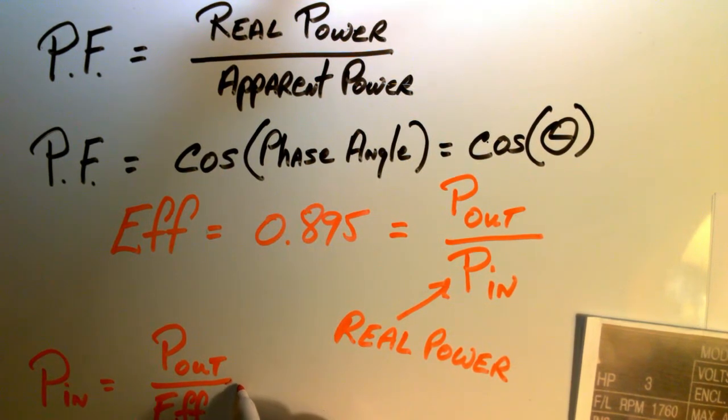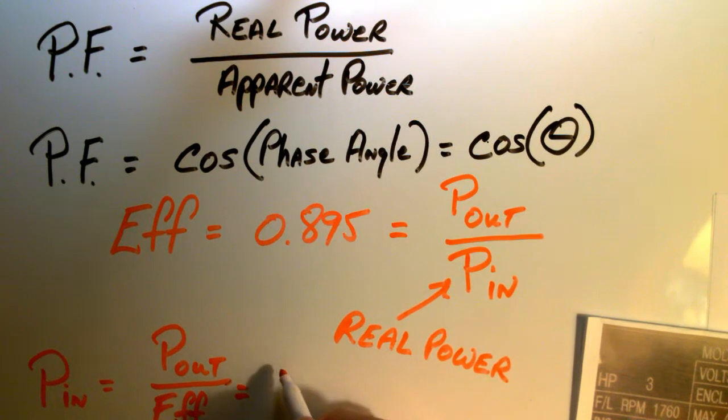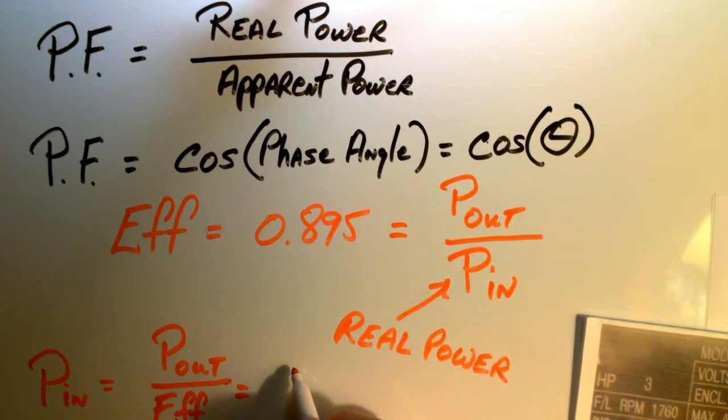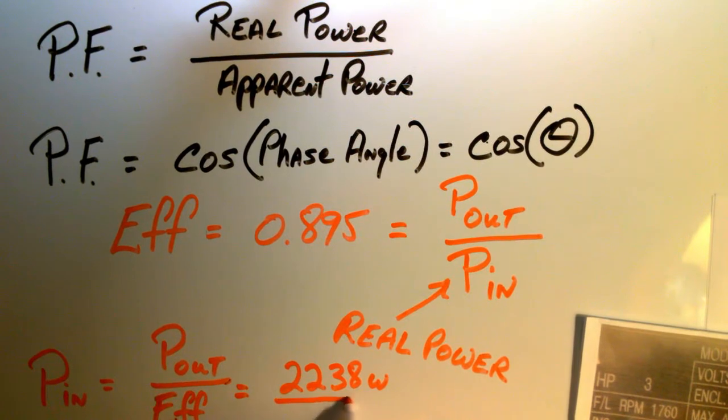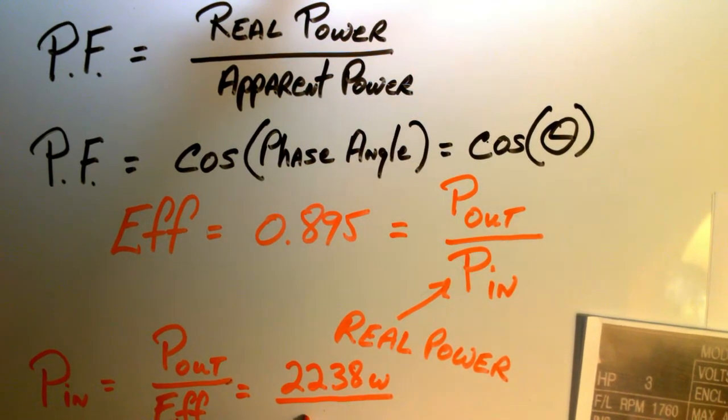And the power out, and we did this a while ago, right, is equal to 2238 watts. The efficiency is 0.895.